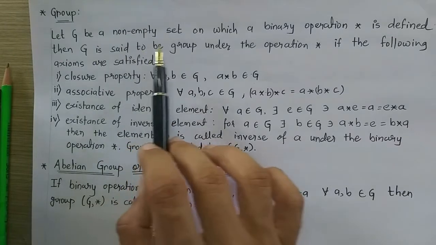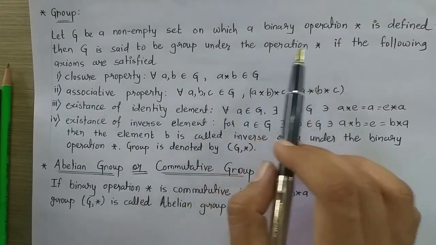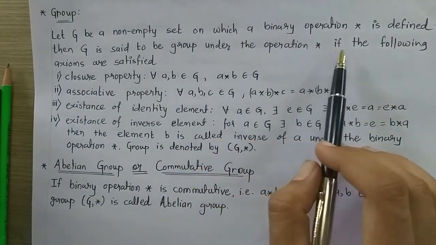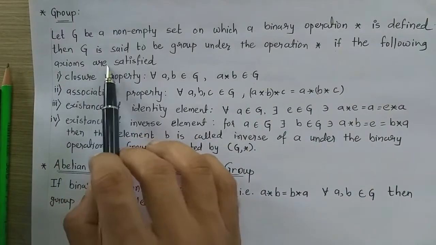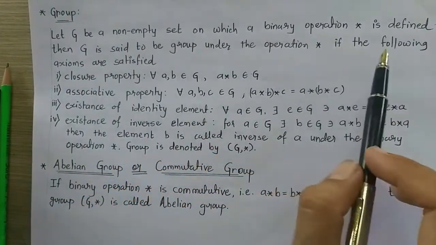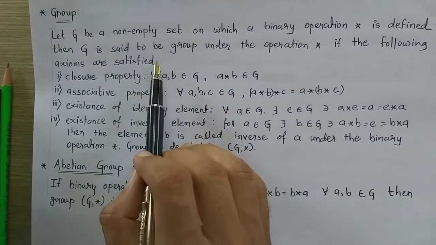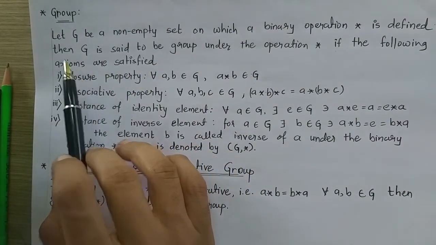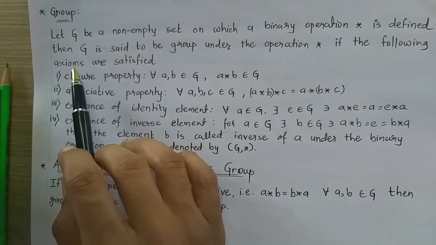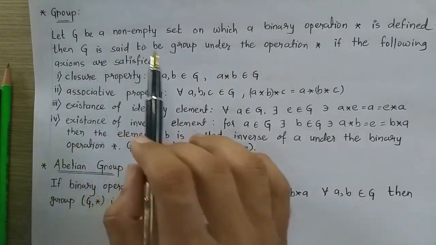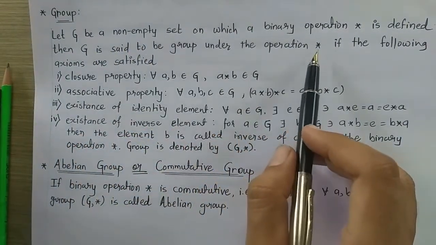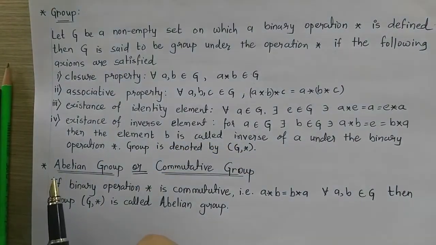Then G is said to be a group under the binary operation star if the following axioms are satisfied. The word axiom must be new for all students. The word axiom means some property. So G is said to be a group under the binary operation star if the following properties are satisfied.